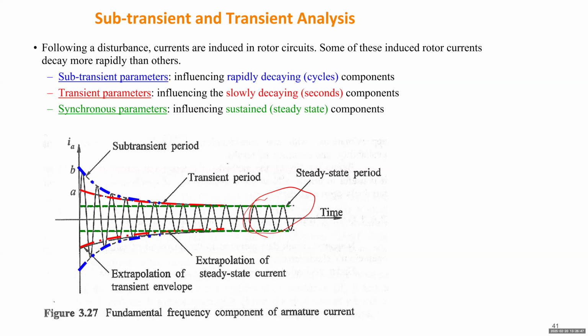So when you see any notation with a double prime, it is attached to sub-transient dynamics. It could be an inductance with a double prime, or a reactance, or a time constant with a double prime. For transient parameters, which means there are transient dynamics, they can be categorized by L prime, X prime, or T prime, which means transient dynamic parameters.